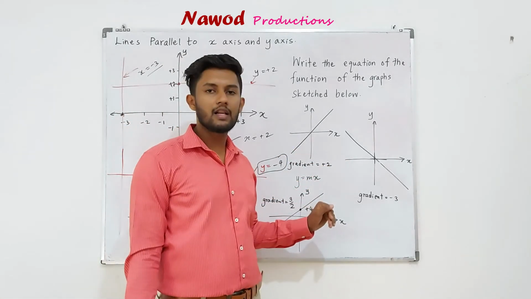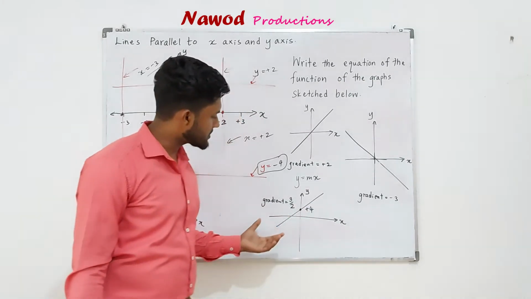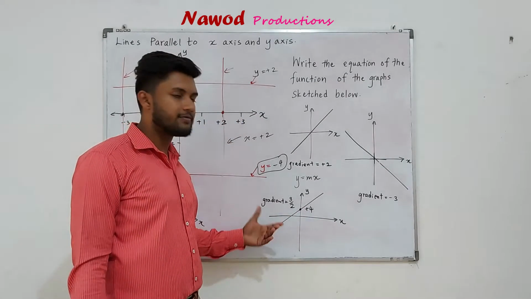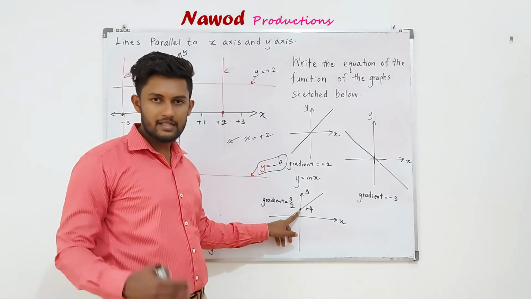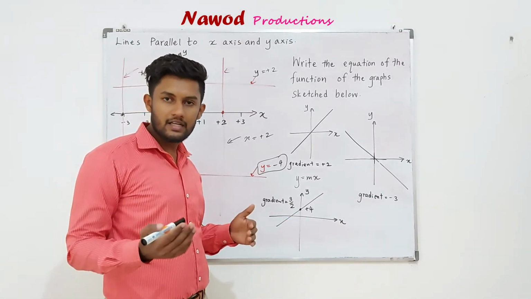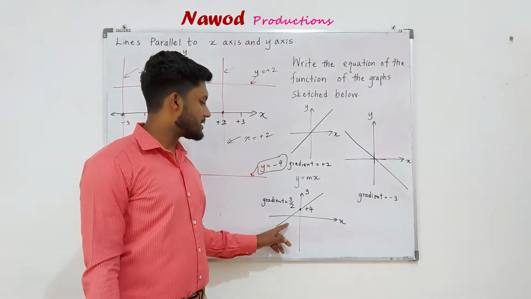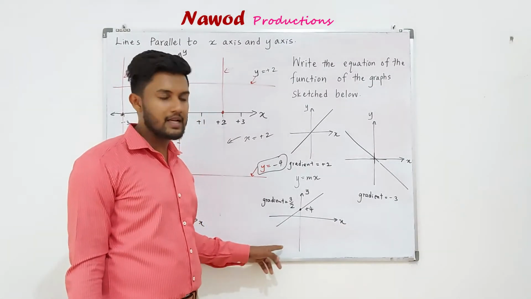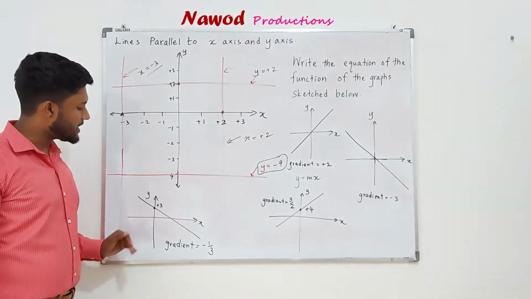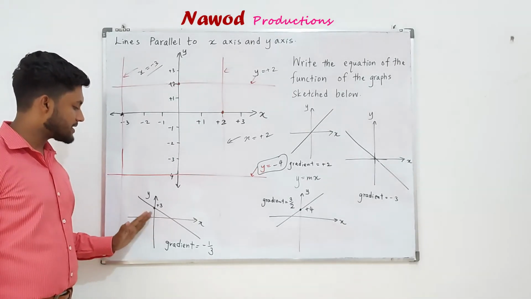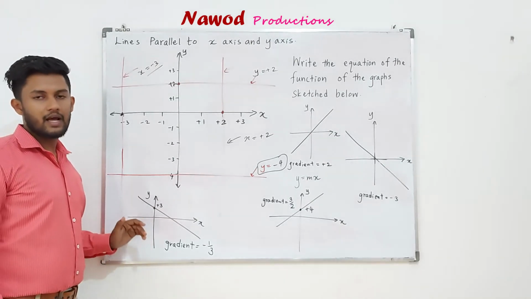Here you can find a different thing, that means it has a c value, or else it has an intersection, so it is y equal mx plus c line. This example also is a y equal mx plus c straight line.